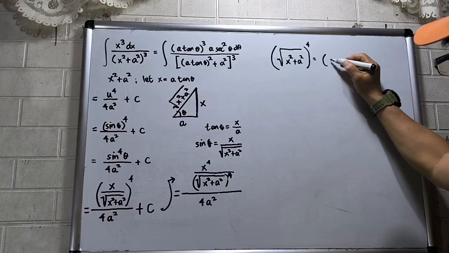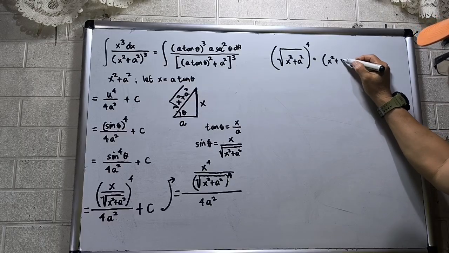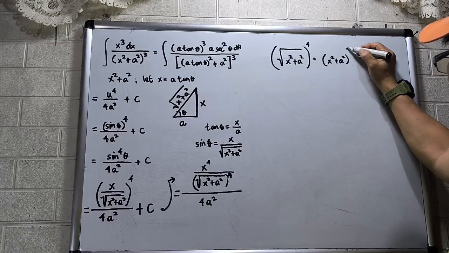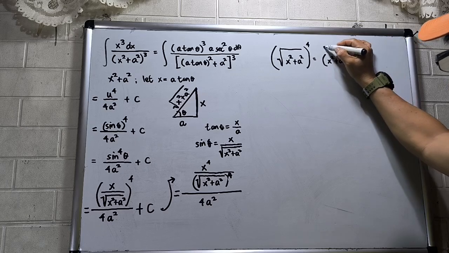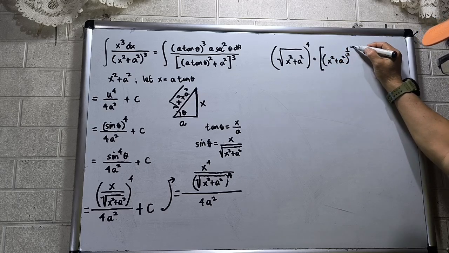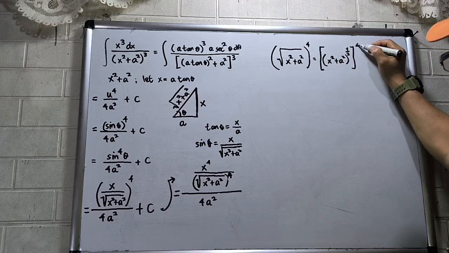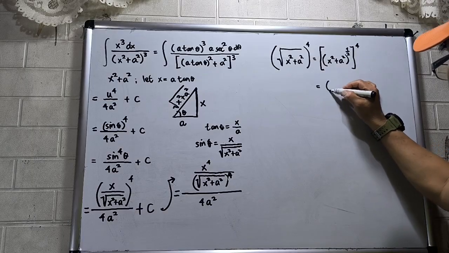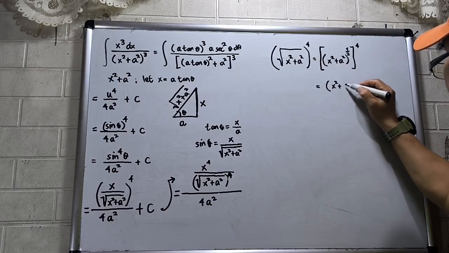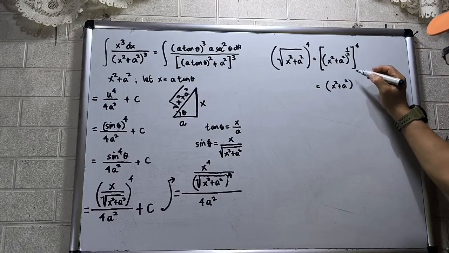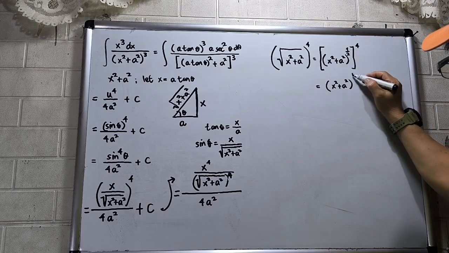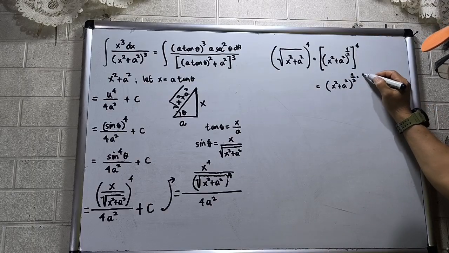So this will be circle brackets x squared plus a squared raised to the power of 1/2, enclosed with square brackets to the fourth. So this will be x squared plus a squared raised to 1/2 times 4, which is 4/2.